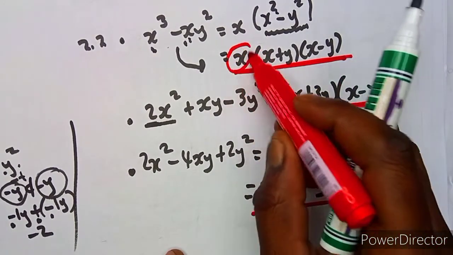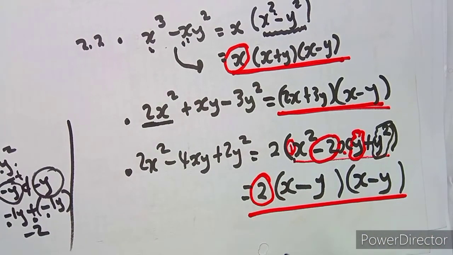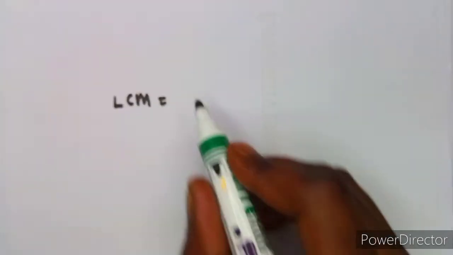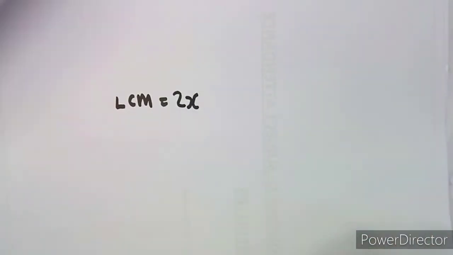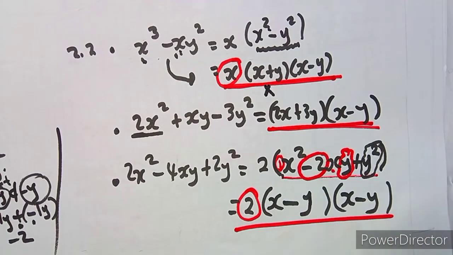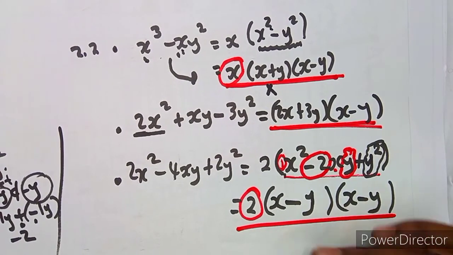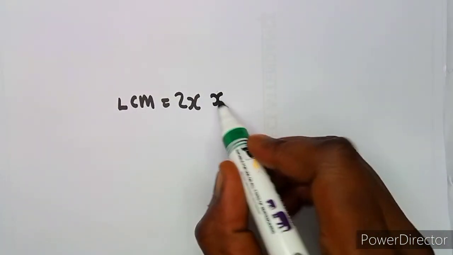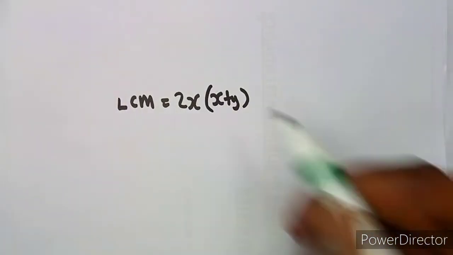As you can see, x and 2 are outside of the bracket. We are going to take these two. For LCM, you take everything, so it's 2x. All right. We have this bracket of x plus y here. It's appearing, so you have to take it, x plus y like this.